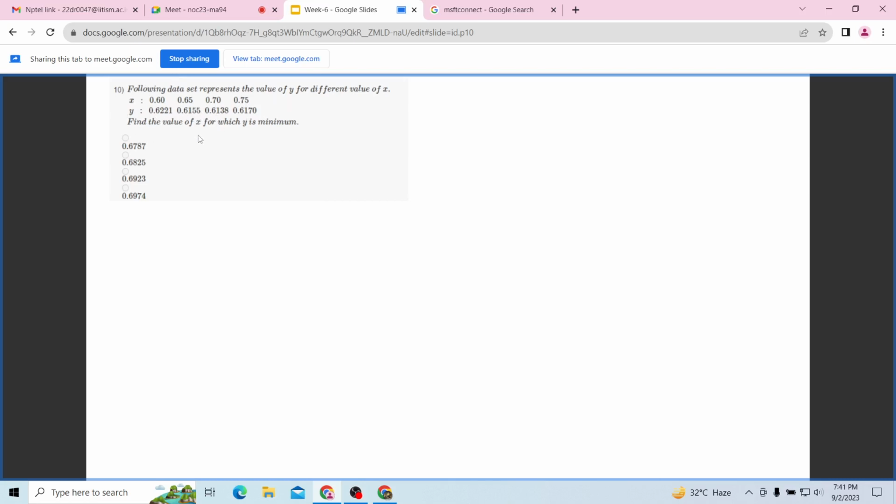Find the value of x for which y is minimum. Is it 0.67, 0.68, 0.6923, or 0.6974? Calculate it.